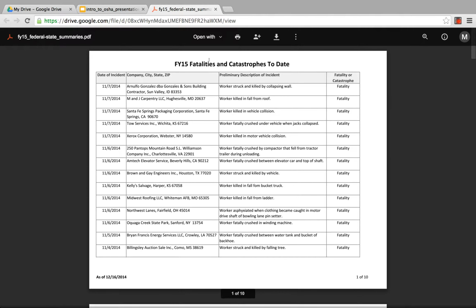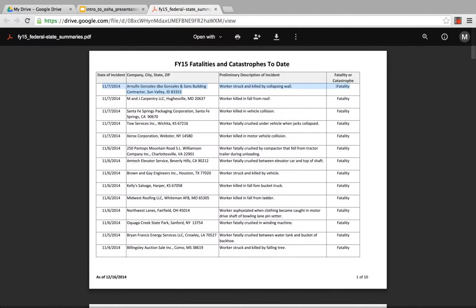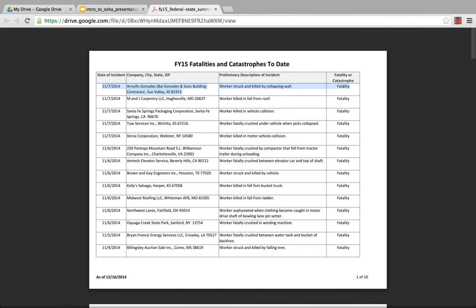Okay, so this is a fiscal year fatalities report. This is basically a month and a week worth of fatalities. If you look at the date here, each one of these is the description of an individual that died. This over here tells you that it was a fatality.